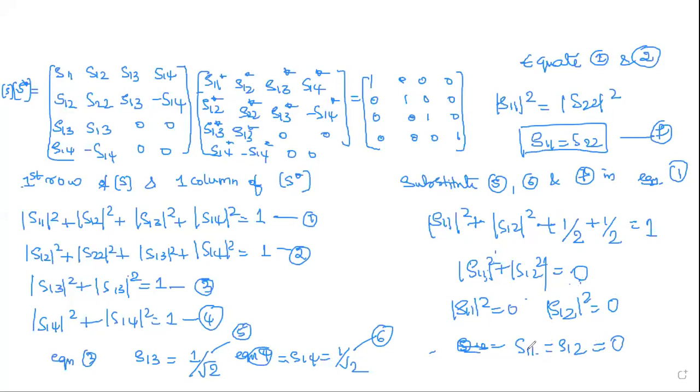Now in this equation, you know S11 is also equal to S22. So your S22 will also be equal to 0, which is again your S11 equal to 0.